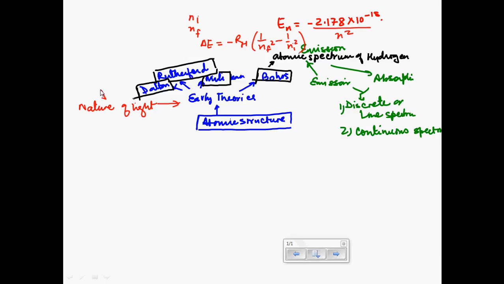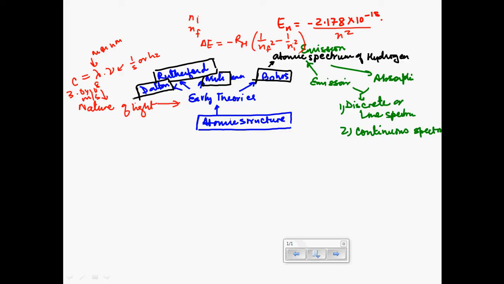And remember, light is electromagnetic radiation, and all electromagnetic radiation travels at the speed of light, c, 3 times 10 power 8 meters per second, and c is equal to lambda nu, where lambda is wavelength of light, generally in meters or nanometers, and nu is frequency in 1 over second or hertz.